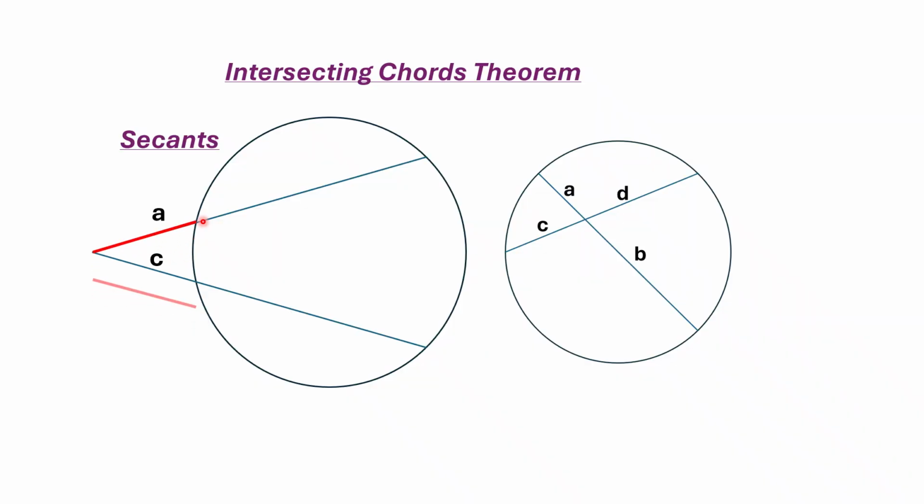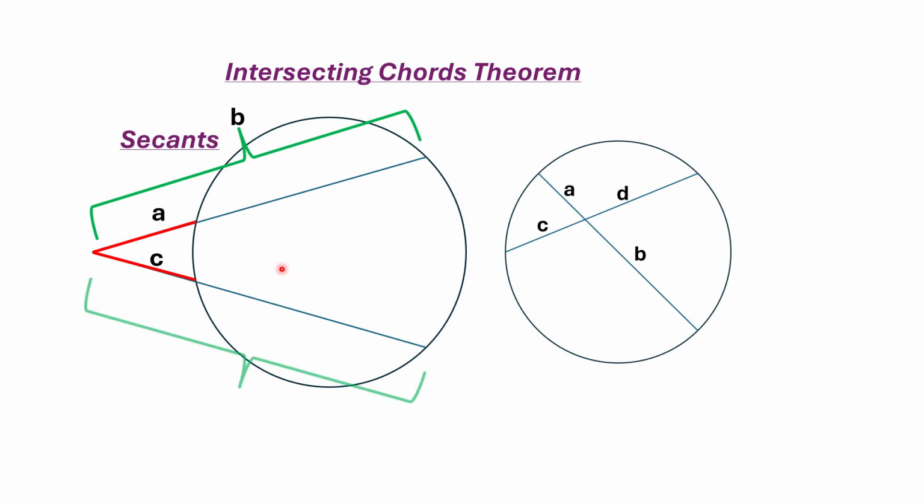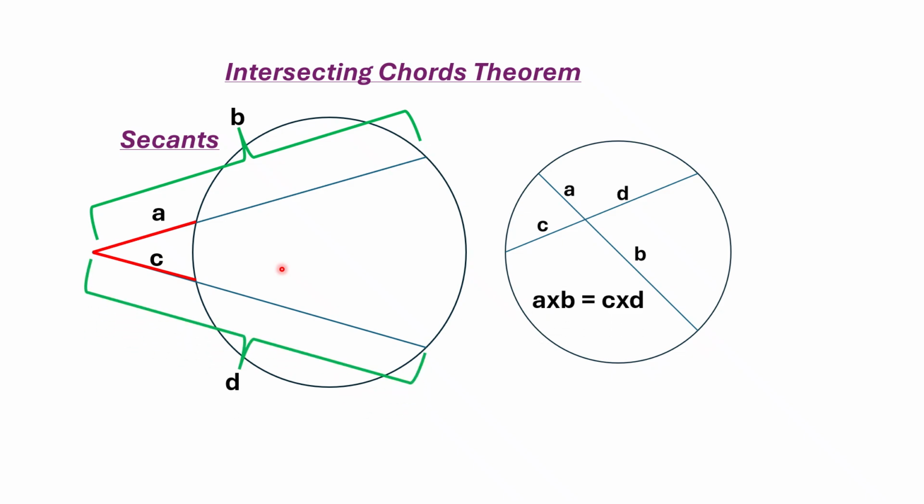Now, B is not this part. B is the whole length. All this is B. Similarly, D is all the length. So this is D. Now the theorem says A times B is equal to C times D. For both of them, A times B is equal to C times D.